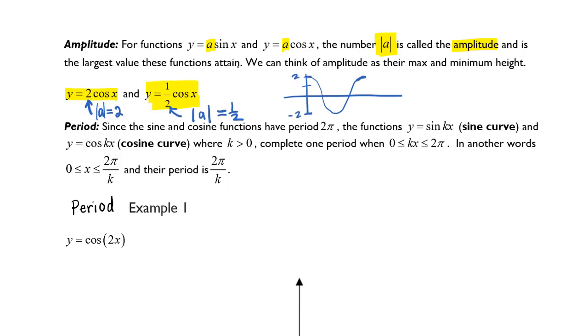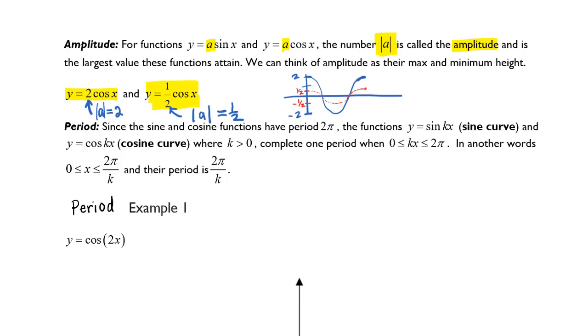If we were to sketch the 1/2, it would be a more flattened out version where the maximums for cosine would be at 1/2 and the minimums would be at -1/2.